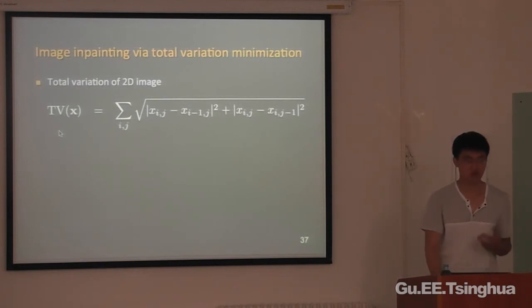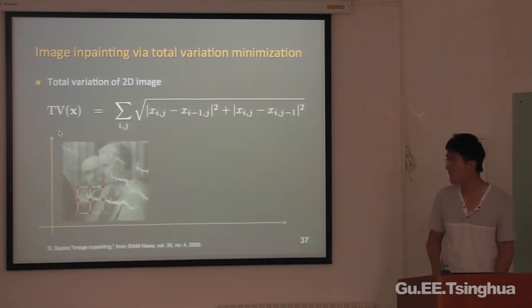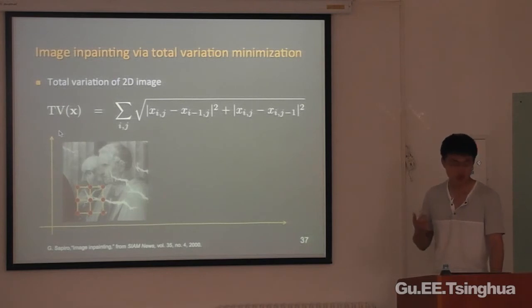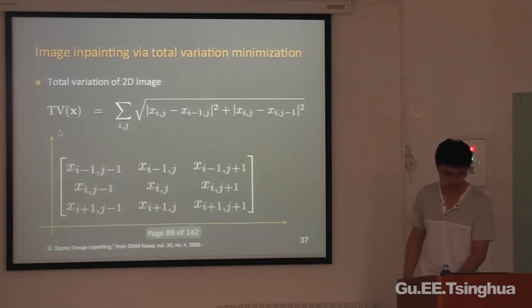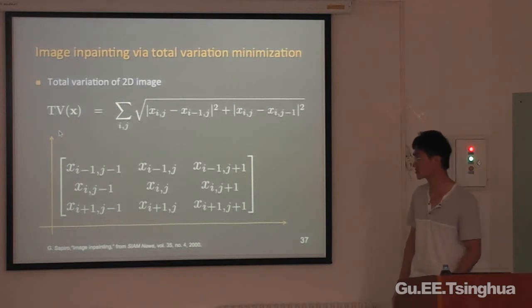I introduced the total variation of finite time series previously, and here it's for 2D images, because a 2D image is 2-dimensional. So remember, you have a lattice structure for the graph, and we zoom to the pixel values.